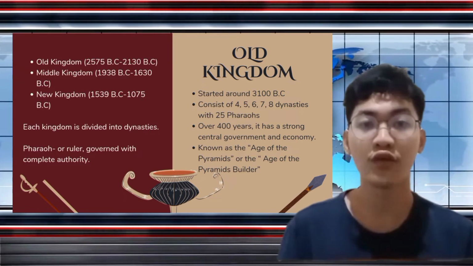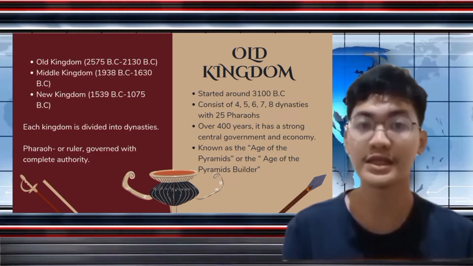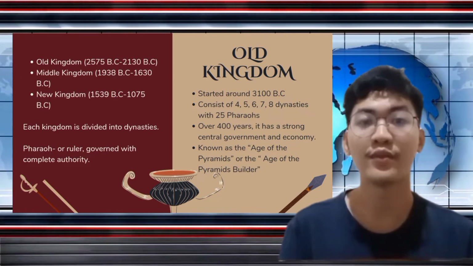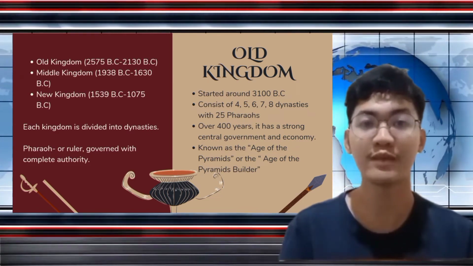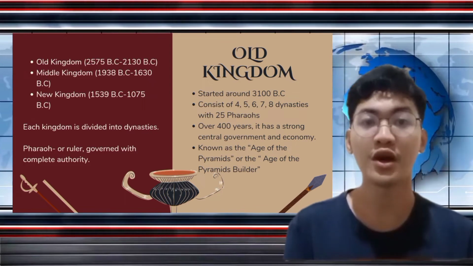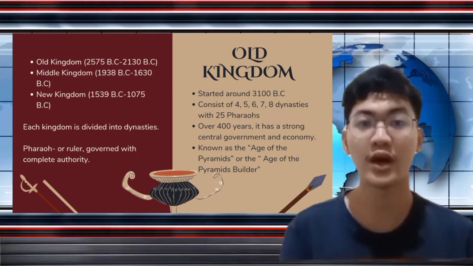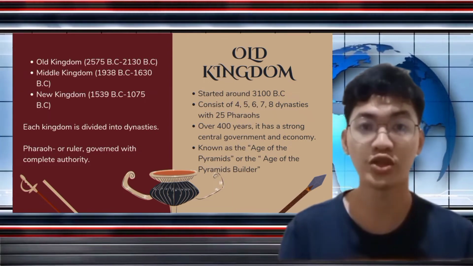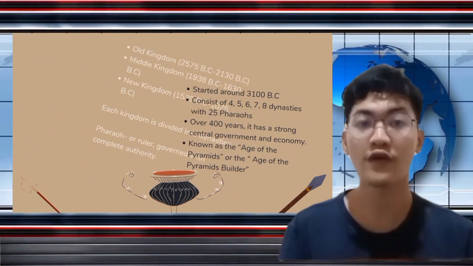So actually the fourth and the fifth dynasties were the main Old Kingdom dynasties. And the most famous thing about the ancient Egyptian Old Kingdom is the building of the pyramids. That is why the Old Kingdom is also referred to as the age of the pyramids or the age of the pyramid builders.